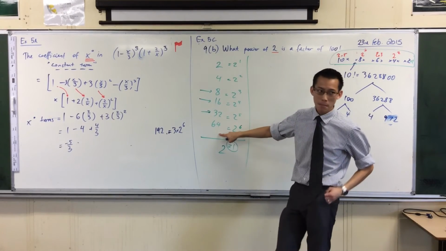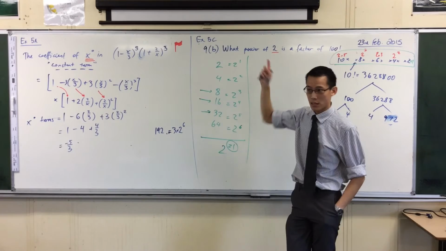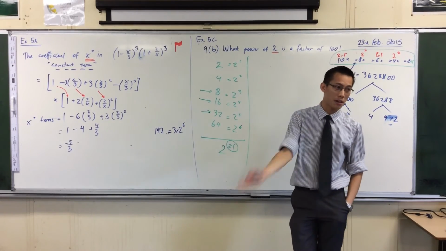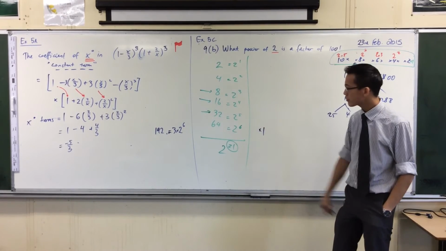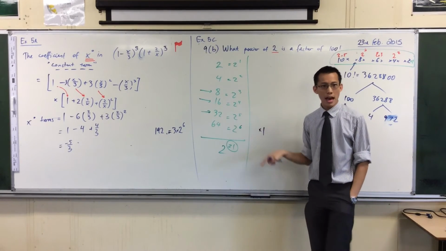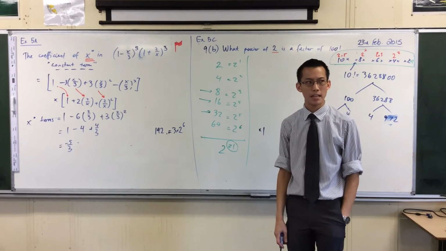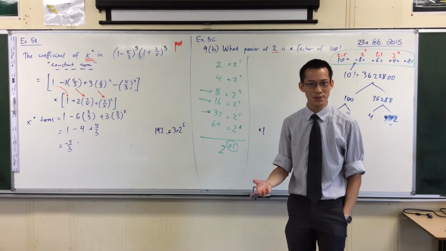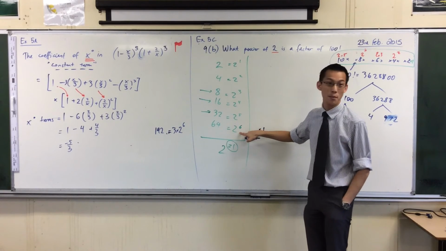Now, how many multiples of 64 are there underneath 100? There's only one, namely 64. As soon as you go to the next multiple, you're already too big. So I'm just going to say times 1. 32: how many multiples of 32 are there? 3. You can just do 100 divided by 32, and it's 3 and a bit. So there are 3, but don't forget, I've counted one of them already.